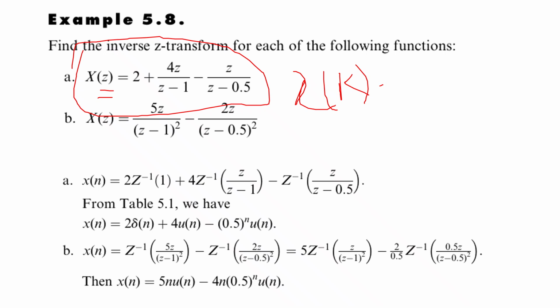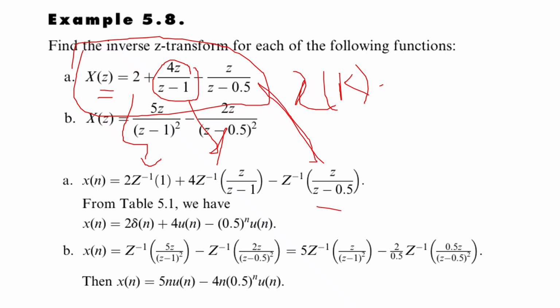So first 2 z inverse, and then plus another. This is not a partial fraction, this is the simple technique. If you know the z transform of any sequence, directly you can write it, right?